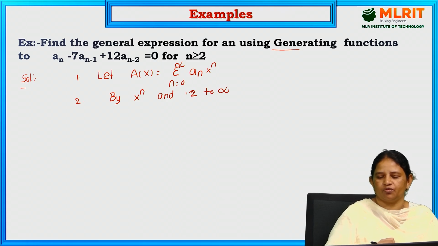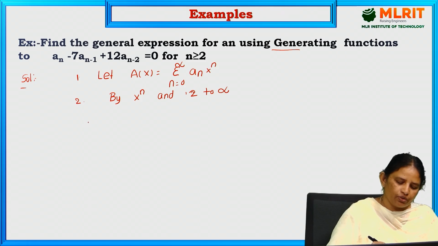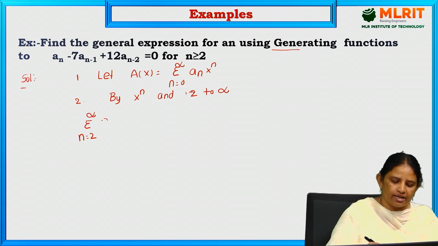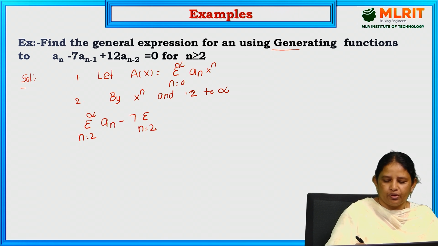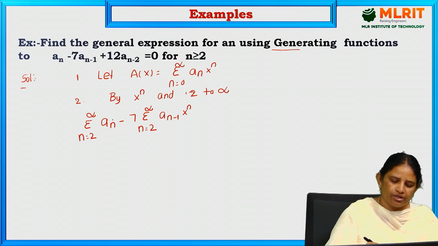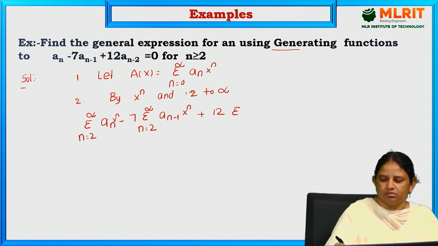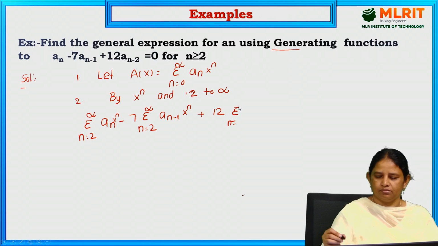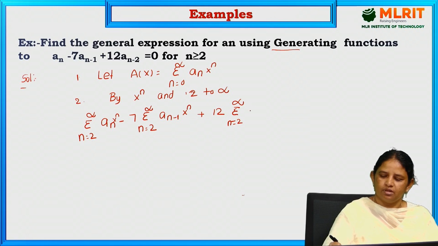Then we get sigma n equal to 2 to infinity a n minus 7 sigma n equal to 2 to infinity a n minus 1 x to the power of n plus 12 sigma n equal to 2 to infinity a n minus 2 x to the power of n is equal to 0.